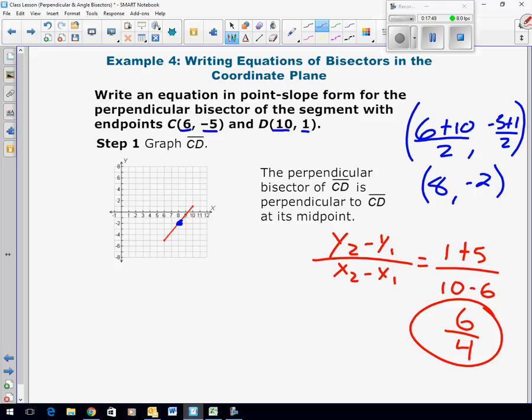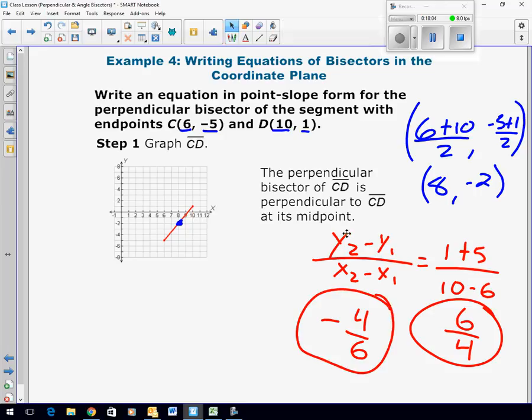Negative 6 over 4. And then take the reciprocal: negative 4 over 6. Negative 4 over 6 is your opposite reciprocal slope. That's how you find a perpendicular bisector. We're going to do this several times today. Some people call it the negative reciprocal.